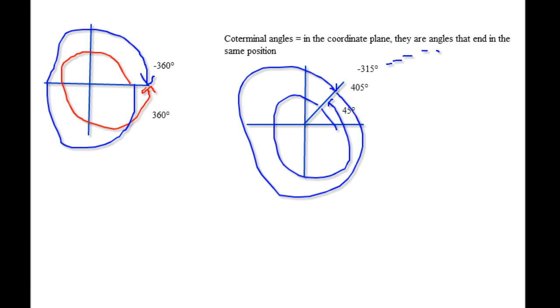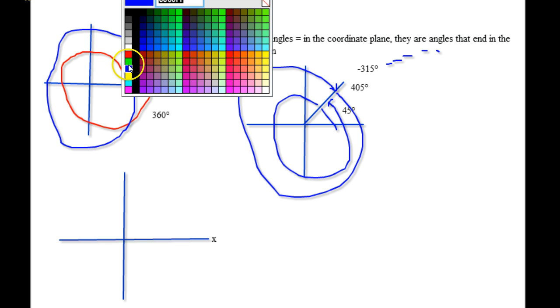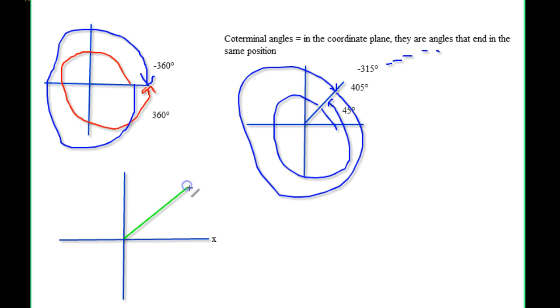Now if I wanted a reference angle, that's something different. Reference angle is just the angle made with the x-axis. In quadrant 1, the reference angle is just the angle. So if we call it alpha, that is going to be the reference angle.